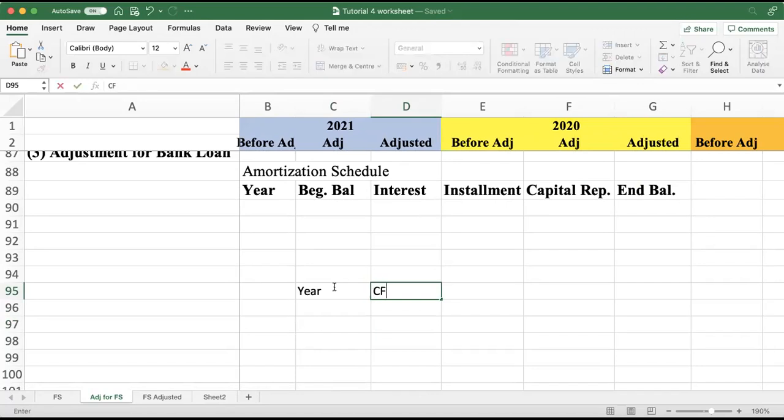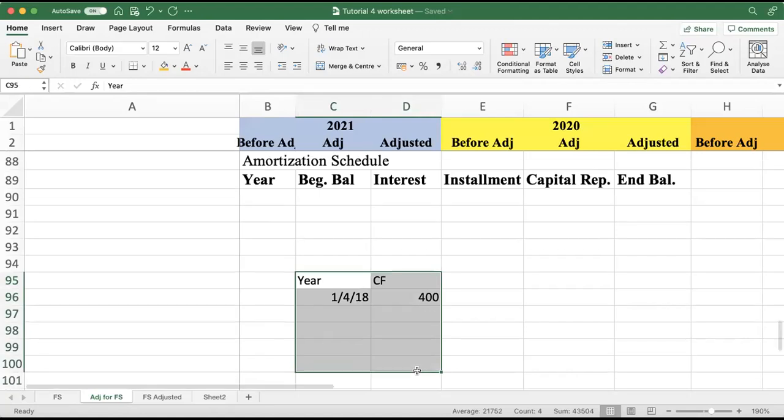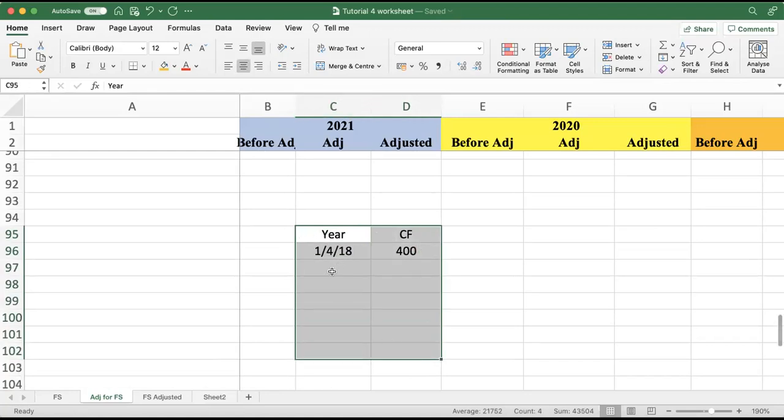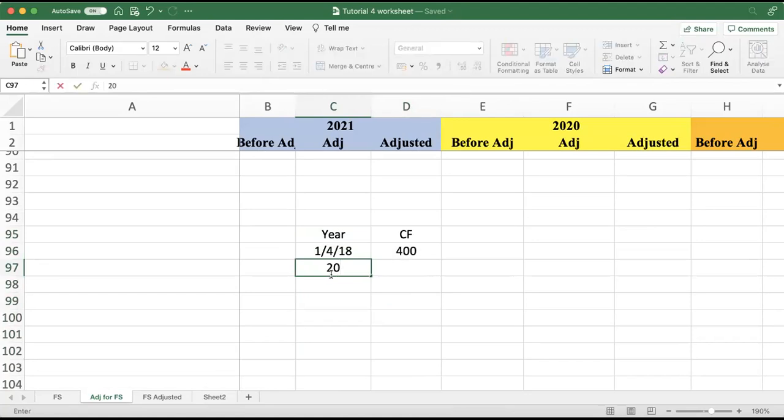Here are the cash flows. You received the loan on 1st April 2018, 400. So we'll calculate in thousands. In the 2019 year, there is no repayment.